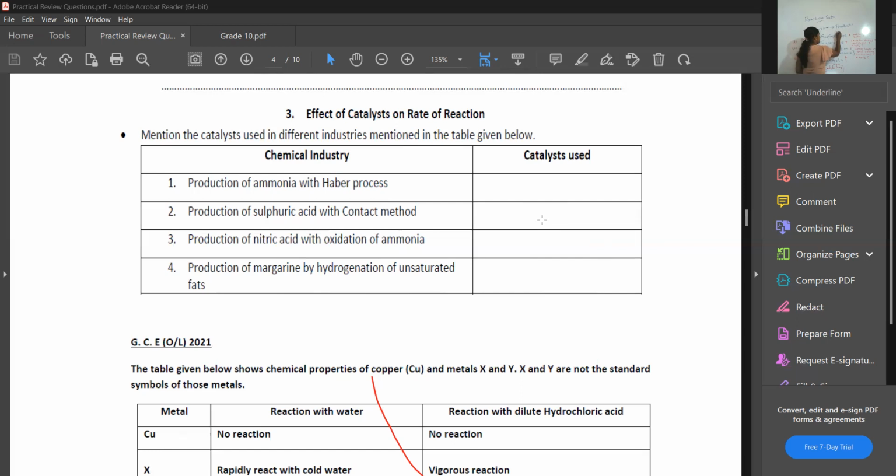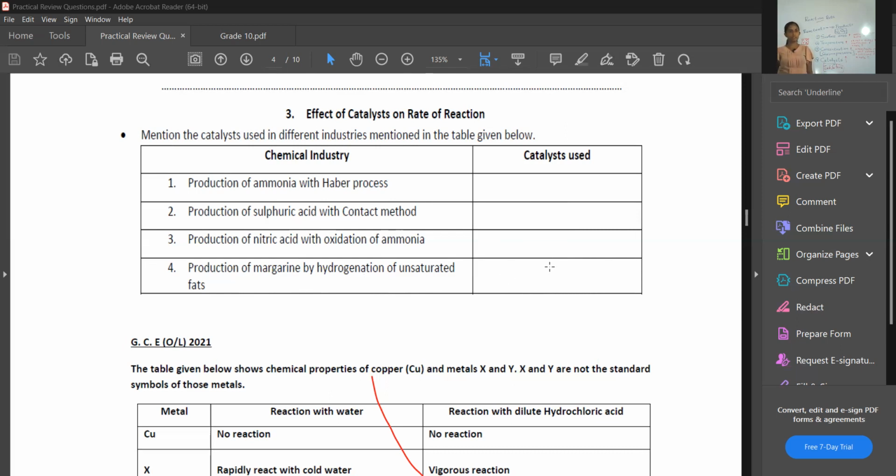I write here V2O5, vanadium pentoxide. For the third one, production of nitric acid, platinum is used as a catalyst. And production of margarine by using unsaturated fat, nickel is used as a catalyst.